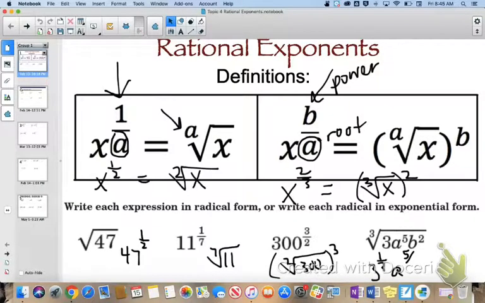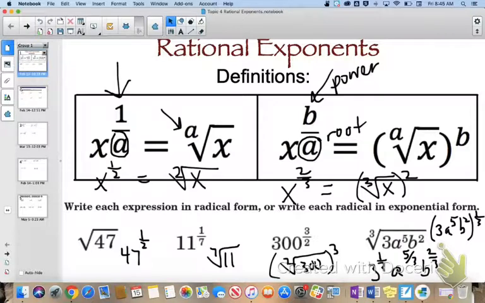A to the 5/3 because it's a to the 5th and then the cube root of that, and b to the 2/3. You could write it also as 3a to the 5th b squared all to the 1/3. Either way.